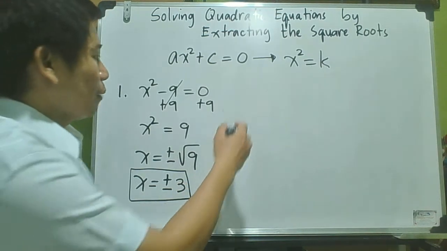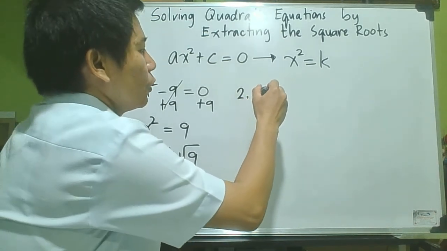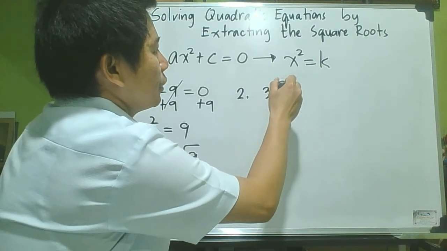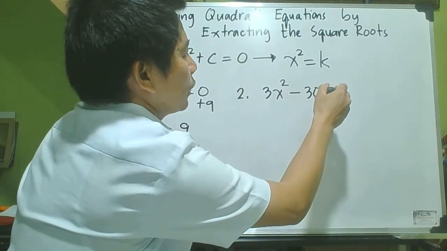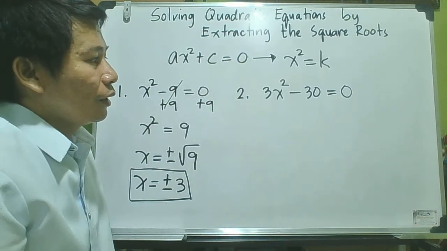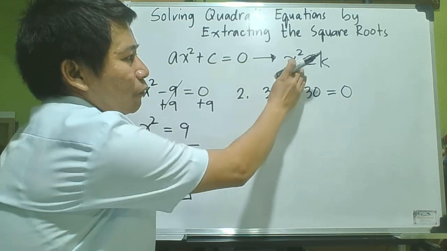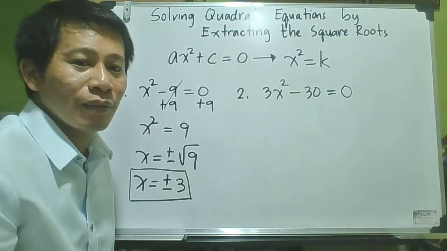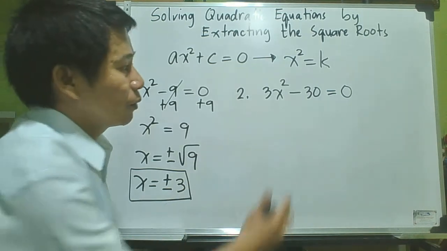Let's have another example. Suppose we have here 3x squared minus 30 is equal to 0. Now, we have to write this first in the form x squared equals k, so that we can use extracting square root.